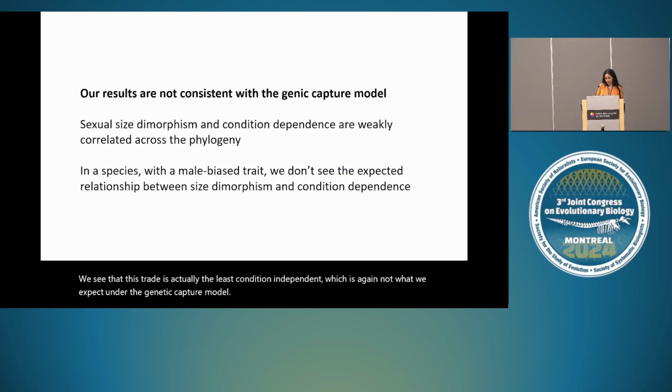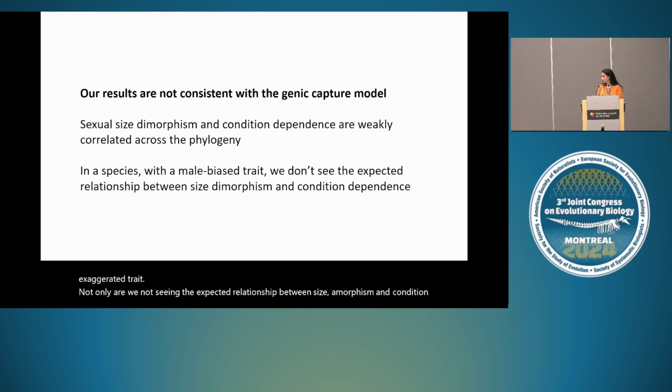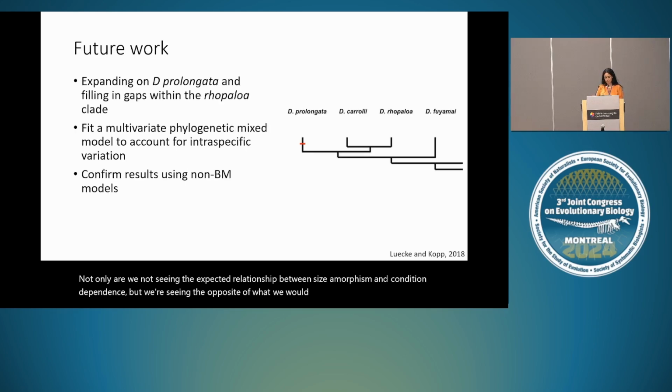So to summarize, our results are not really consistent with the expectations under the gene capture model. And when we look across the phylogeny, we're seeing this very weak correlation between the evolution of dimorphism and condition dependence. And in that one species, Drosophila prolongata, that exhibits this kind of classic male-biased exaggerated trait, not only are we not seeing the expected relationship between size dimorphism and condition dependence, but we're seeing the opposite of what we would expect.